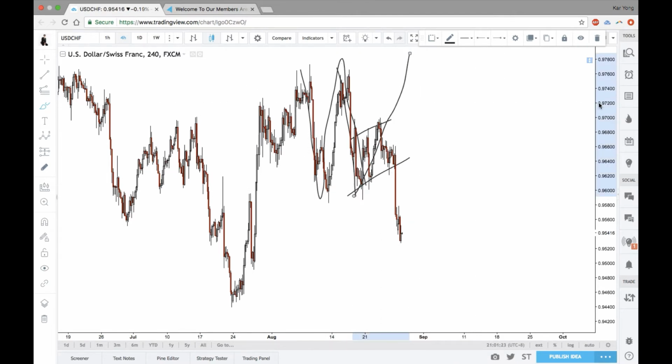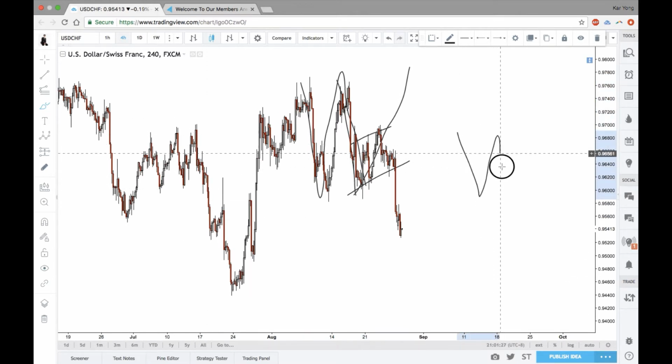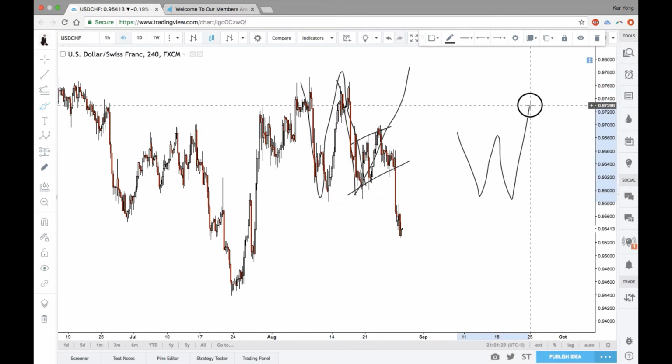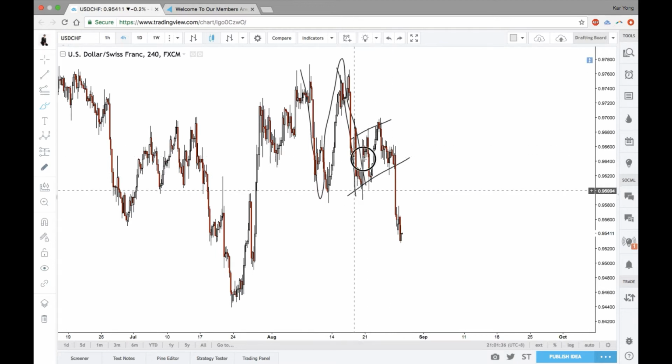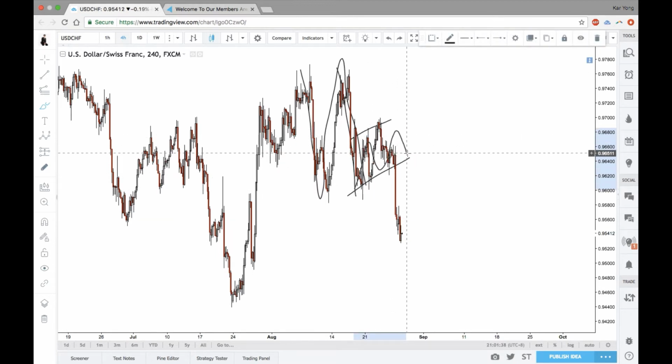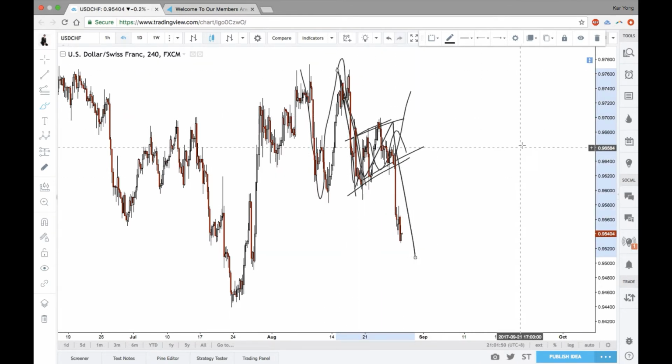Because if it's going to go up, it needs to give you 1, 2, 3, and then an up move like this. But instead of this up move here, the market gives you a slow crawling. Which means this is a correction, this is an impulse. And that's the reason why you wouldn't want to long it over here, but instead, if you are looking to short it, you are looking at impulse, correction, impulse.